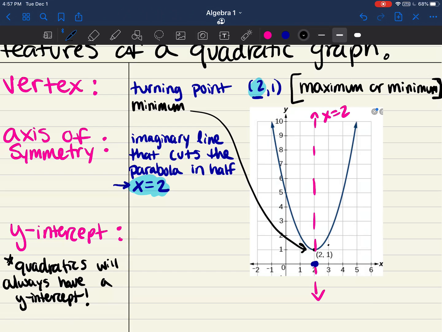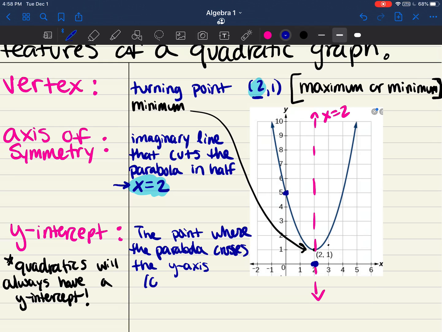So in this graph, we're familiar with y-intercepts. It looks like it's at (0, 5). And that is the point where the parabola crosses the y-axis.